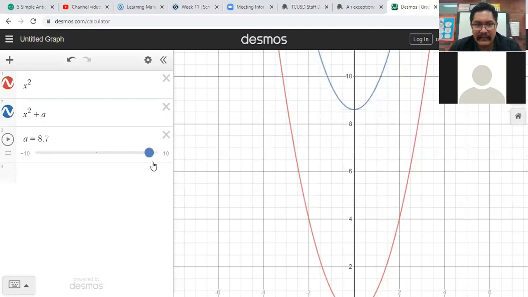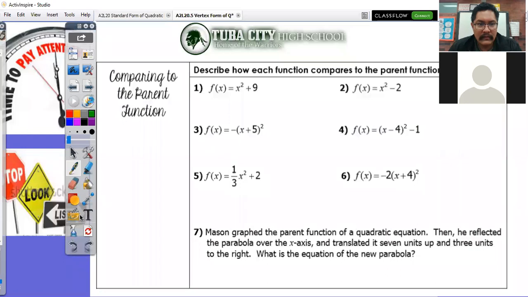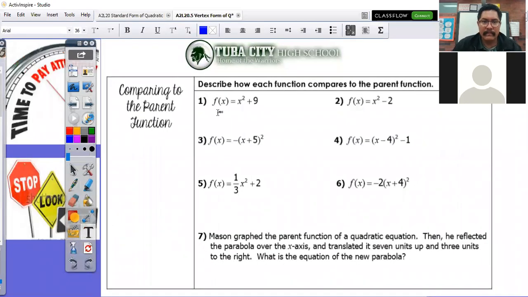That way you can see there is a vertical shift upwards. So the graph moves up 9.